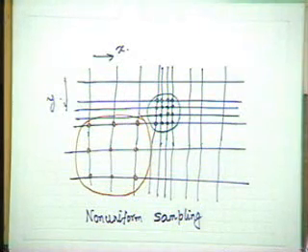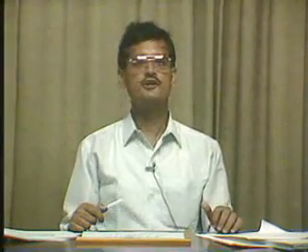Now, likewise, we have also assumed that in the intensity domain we are digitizing in uniform steps. Now, should we also think of digitizing with non-uniform steps?